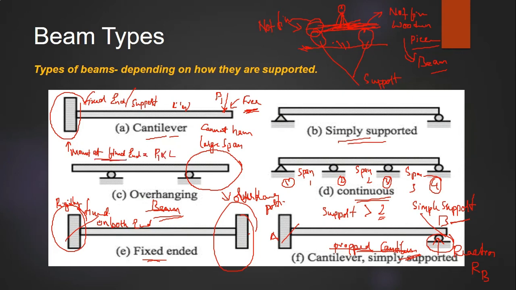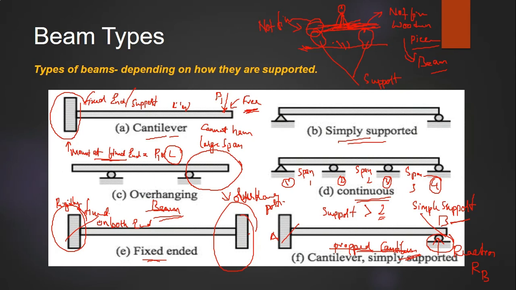The moment at the fixed end is going to increase with the length, isn't it? The farther away the force acts, the greater is going to be the bending moment at the fixed end. In such a case, you need to provide a large amount of reinforcement. So we just don't go for larger spans in case of cantilever beams.